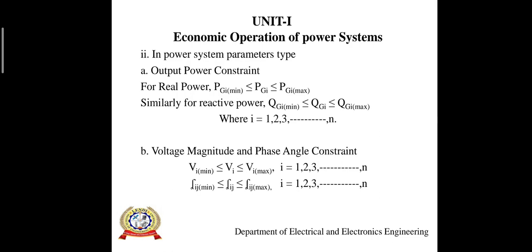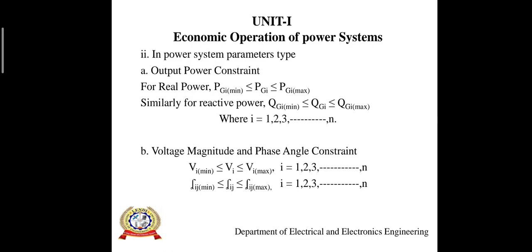So here also we have minimum and maximum limits for voltage and angles. For voltage we can write Vi minimum less than or equal to Vi less than or equal to Vi maximum. Here also i equals 1 up to n units.